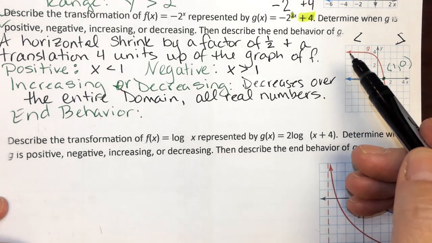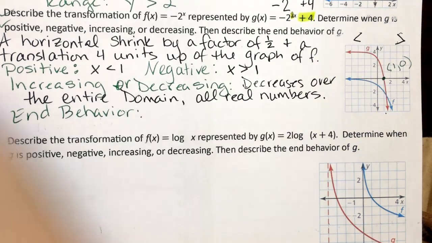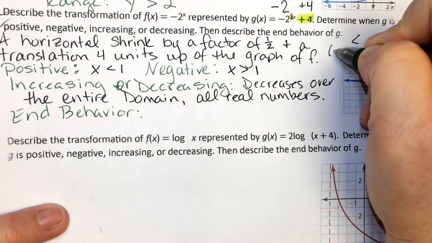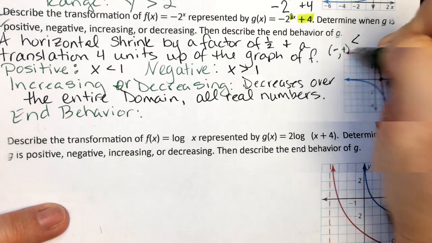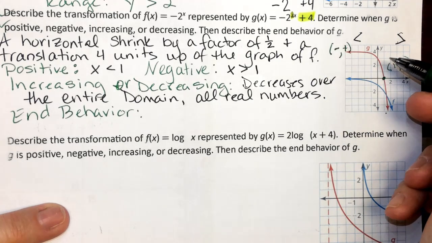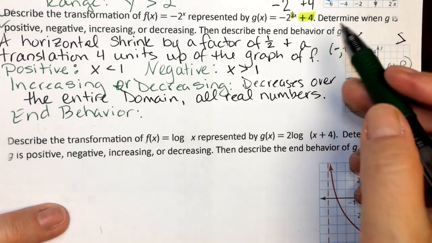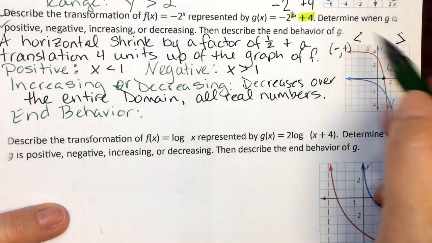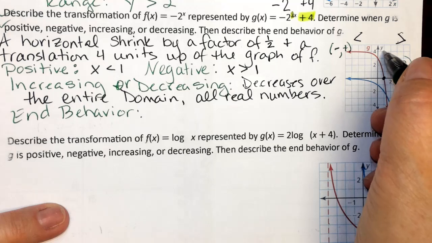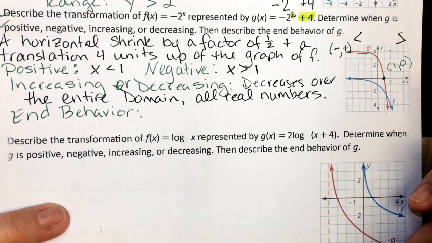All right, so in this situation, where is my graph going? My x values are negative, my y values are positive, because it's going to keep going that way. However, because it was moved up 4, we know our asymptote is 4. So we have an asymptote right here, and that is going to go into our end behavior.